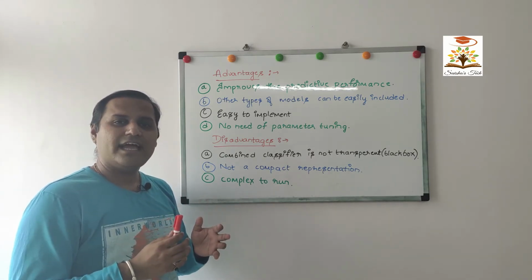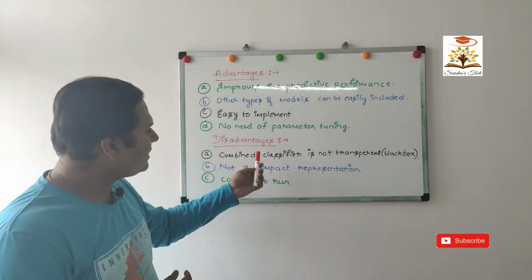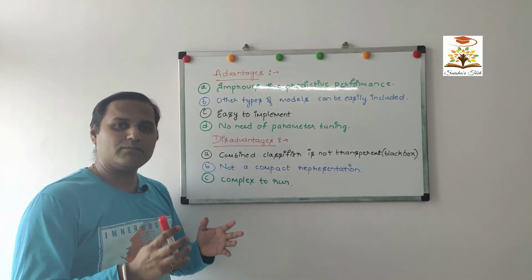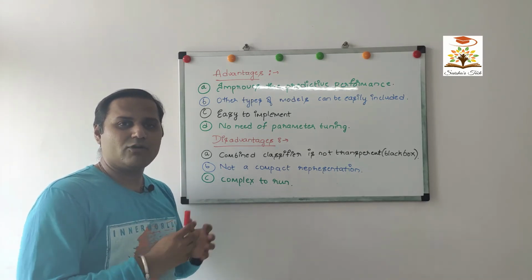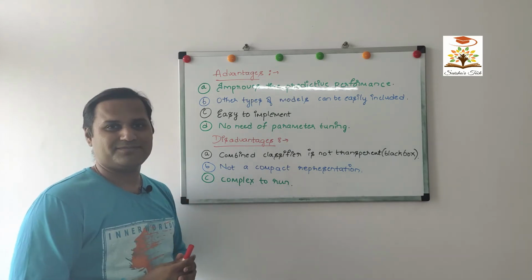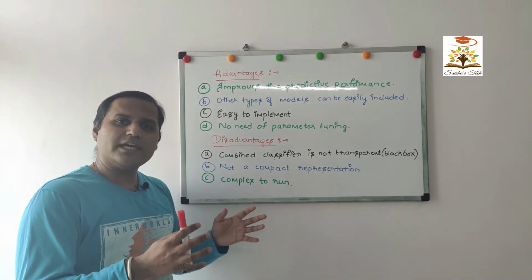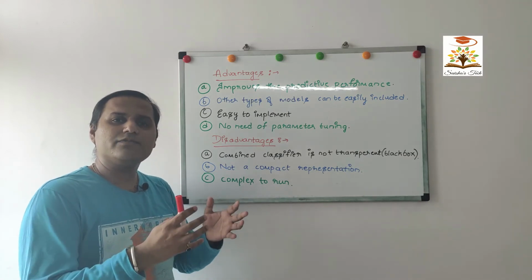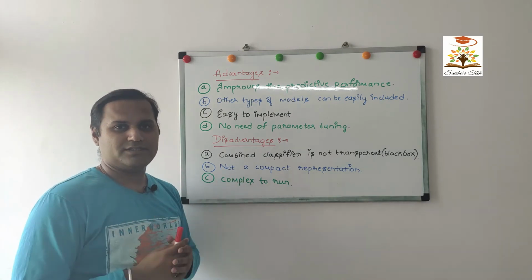Now, let us analyze the disadvantages. Combined classifier is not transparent, which is also called as black box model. How individual model is generating output and what it is generating is not known to us. Not a compact representation. We cannot extract the information of the trees or any of the parameter optimized from all the models.